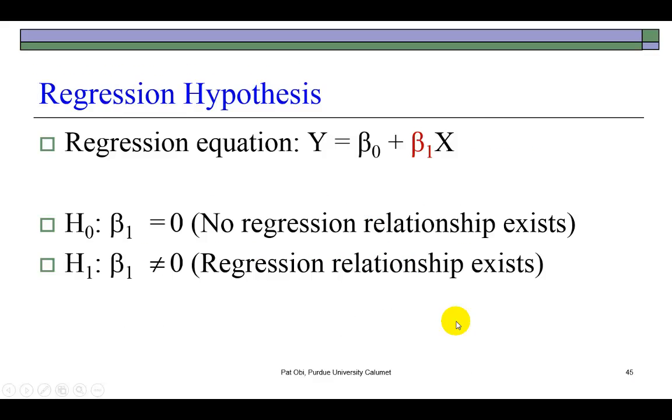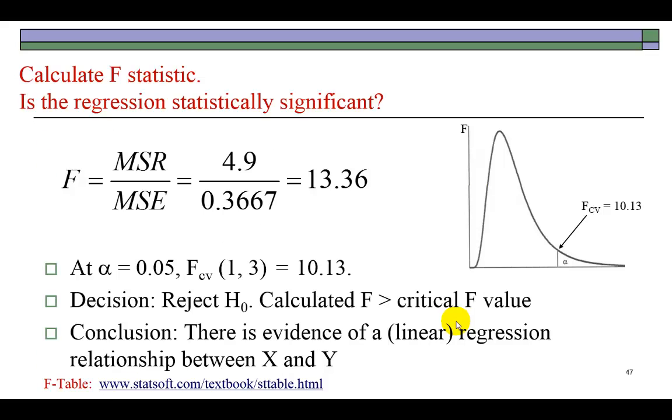So now going back to this presentation, the mean square regression, which is 4.9, divided by the mean square error as shown, gives us an F statistic of 13.36. So the question is, should we reject or not reject the null hypothesis for the regression?